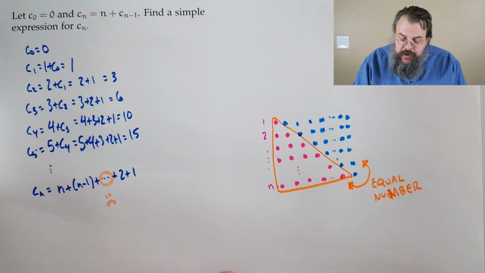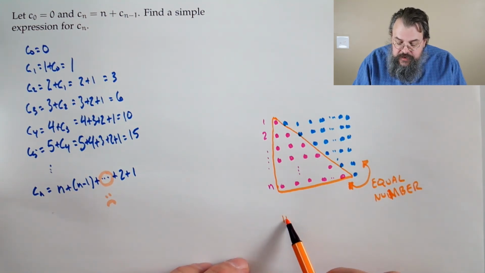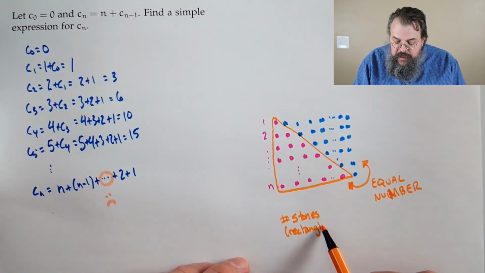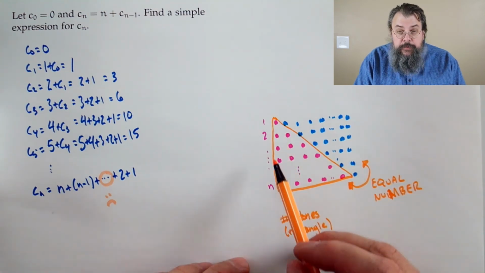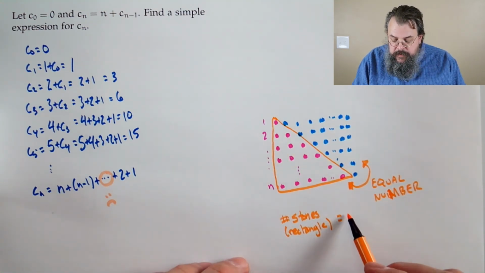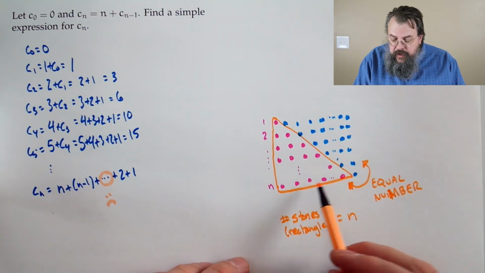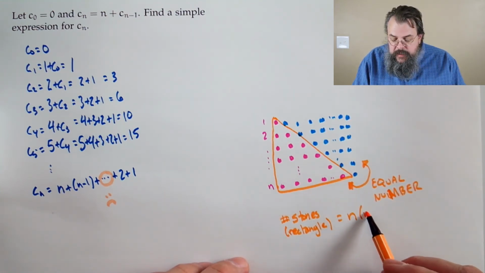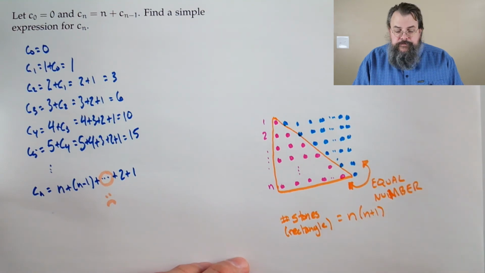And in particular, we say, okay, the number of stones for the rectangle, well, you just have to count how many rows do you have? Well, 1 to n. How many rows across do you have? Well, there's n and 1 more. So n plus 1.